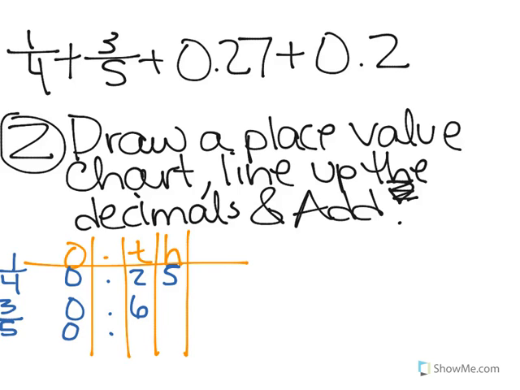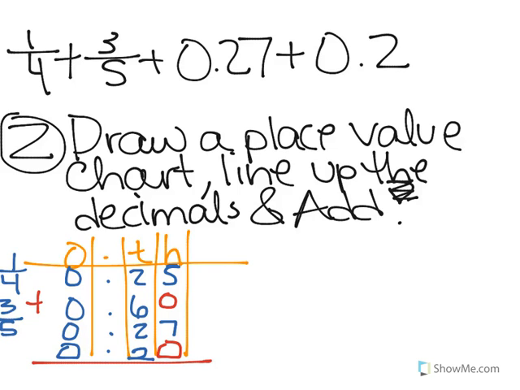I have 0 and 27/100, and I have 0 and 2/10. I add a 0 for my placeholders, and now I can add.